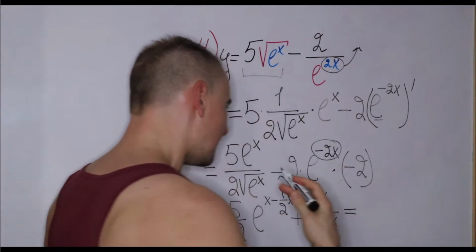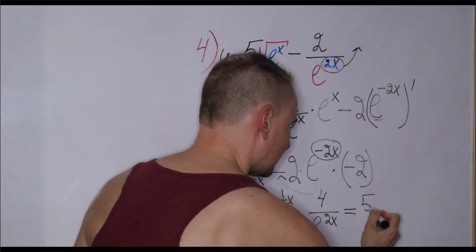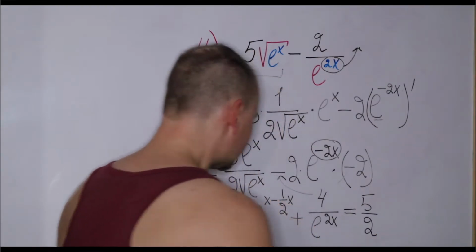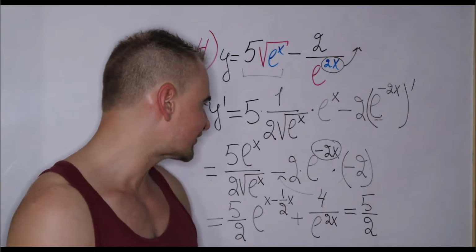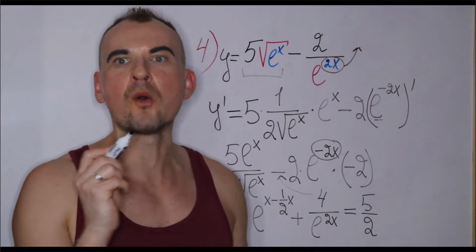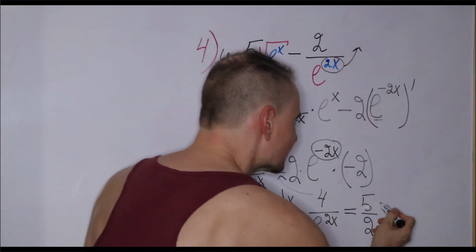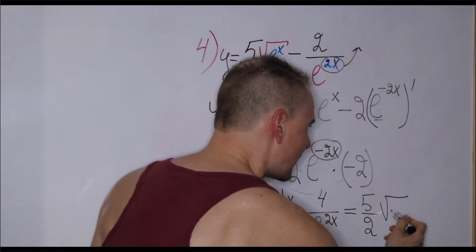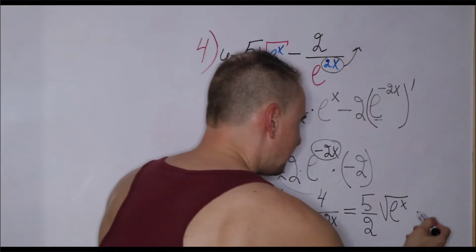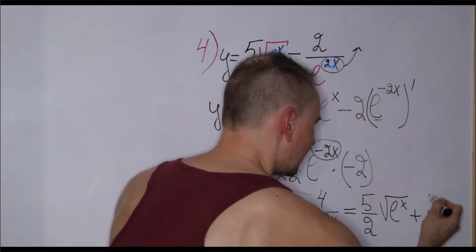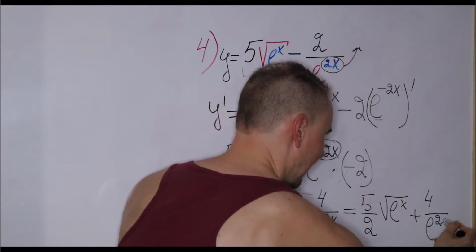And finally, the last step. So you're left with 5 over 2. x minus a half of x, you end up getting 1 over 2x, and again you want to rewrite it as a root, so it's the same thing as the square root of e to the x, plus the second chunk 4 over e to the 2x.